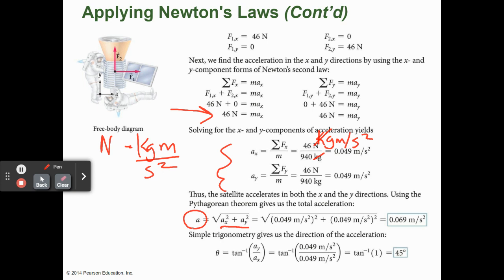To find the angle of that force or that acceleration, we're going to do second function tangent, just like we did back in Unit 2 with velocity. Remember, we'll have an AX going in the x direction and an AY going in the y direction. The resultant, or the combination of those two vectors, is our acceleration.